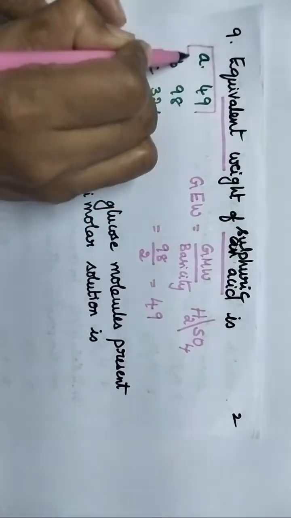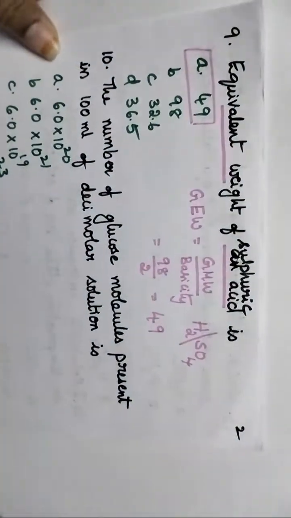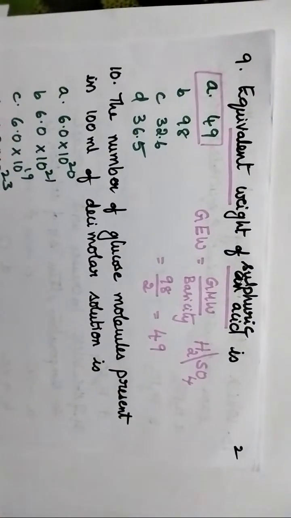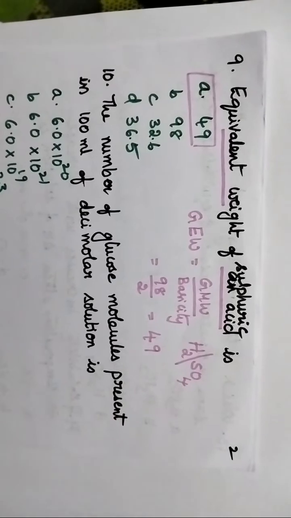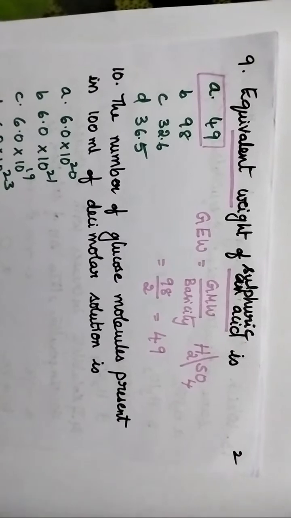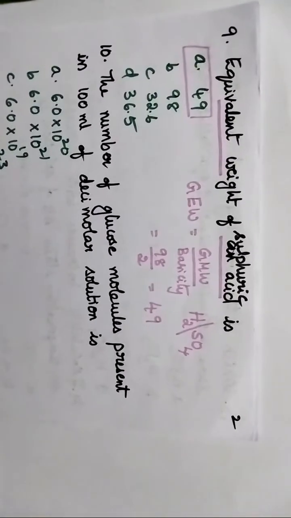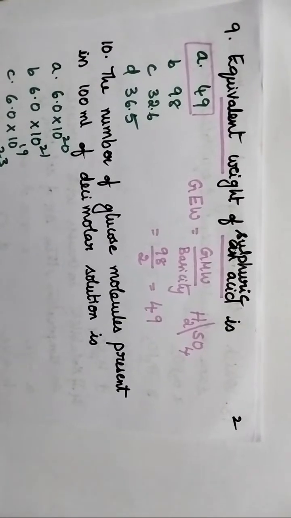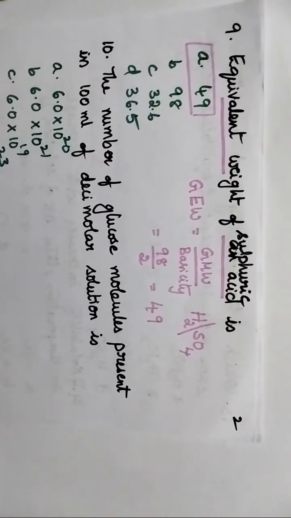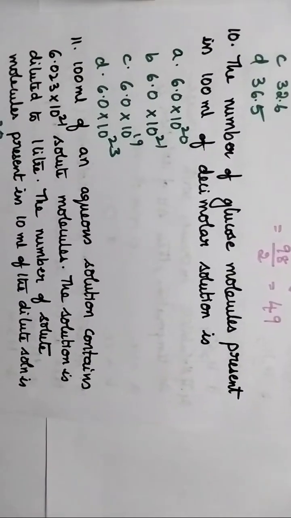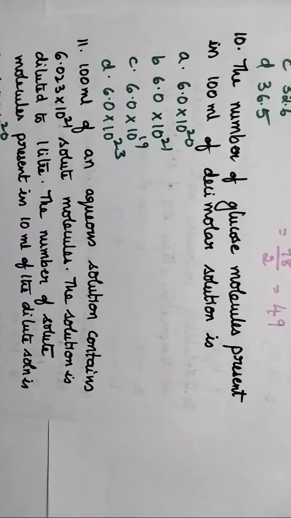So option A is the right answer. Clear? That is 49.